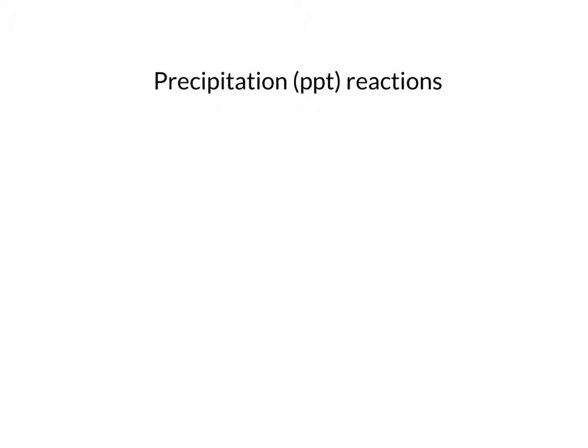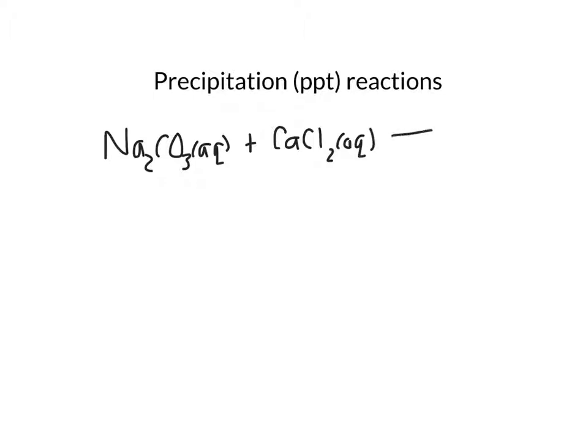Precipitation reactions occur between two aqueous solutions of ionic compounds. So for instance, we might have sodium carbonate, aqueous, and if we add that to a solution of calcium chloride, what will happen is that the ionic compounds will switch partners.